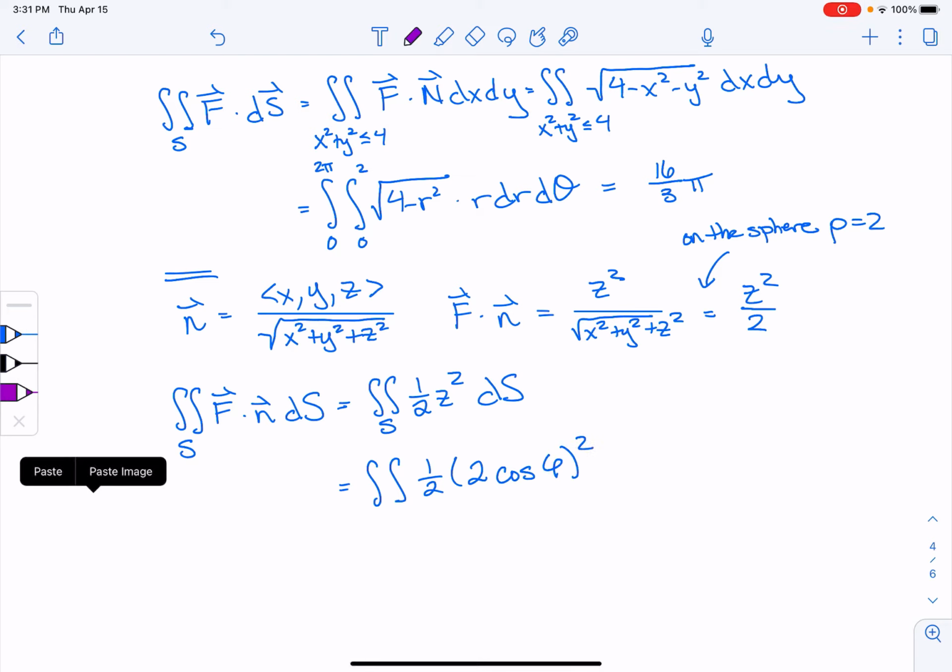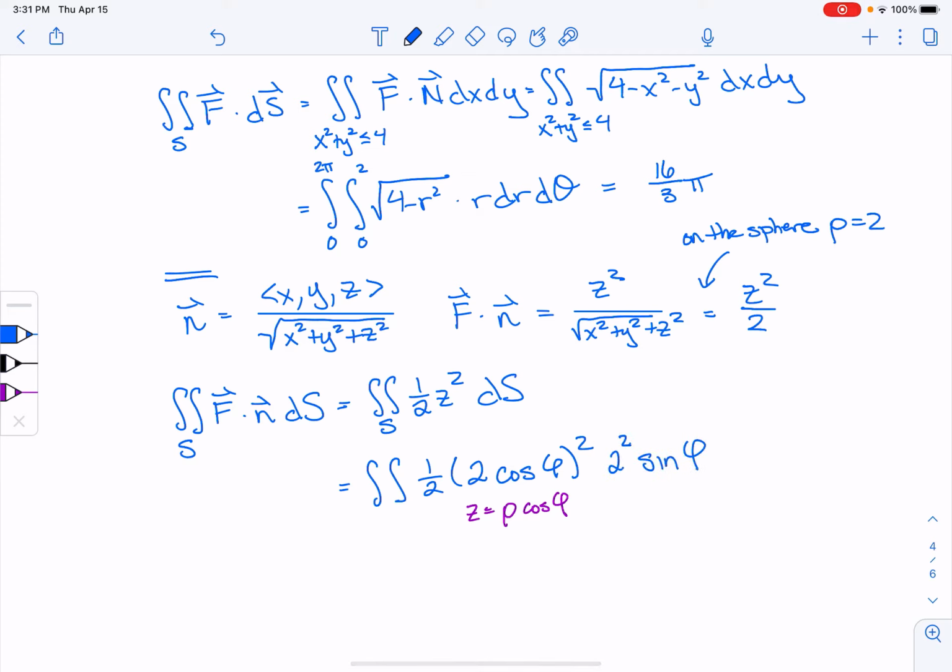Here I'm using the fact that z equals rho cosine phi, but rho, if I'm on the surface, is 2. And then the ds is going to be rho squared, 2 squared, sine phi. Okay, so this here is rho squared sine phi, but again, rho is 2. And then I would integrate d phi d theta.